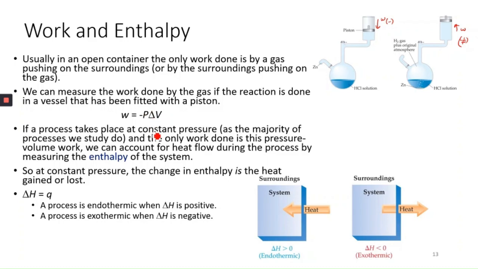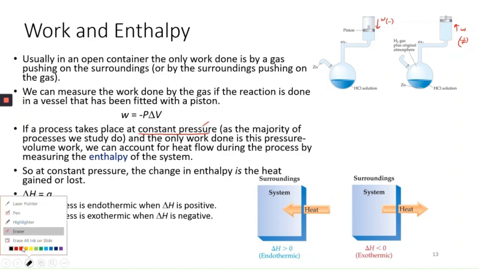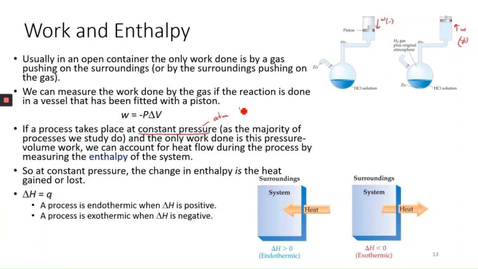And most of the processes we do are operating at constant pressure, and that constant pressure is the atmospheric pressure. And where we live, that is actually 1 atmosphere, right? Is the pressure that we're feeling because we're at sea level.